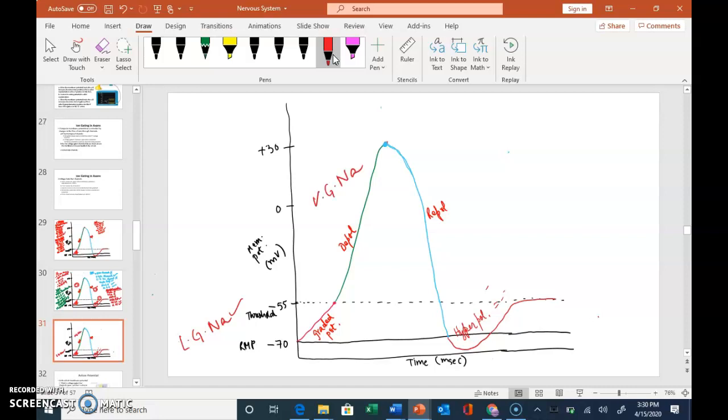As more and more sodium channels open, more and more sodium enters the cell and makes the inside of the cell more positive or less negative. Then during repolarization, we have the voltage-gated potassium channels open, and hyperpolarization is mainly caused by the sodium-potassium pump.